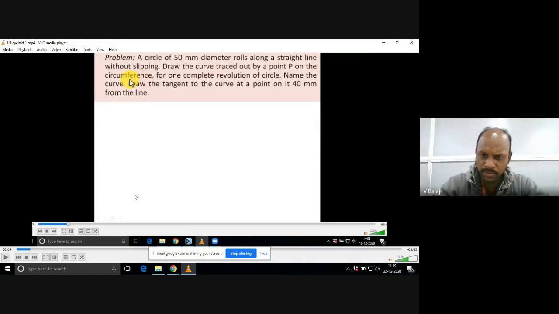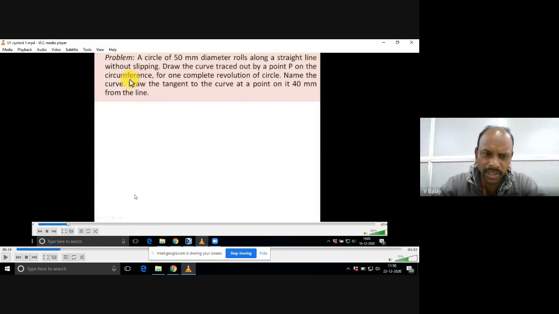Draw the curve traced out by a point P on the circumference for one complete revolution, and draw the normal and tangent to the curve at a distance of 40 mm from the straight line. For any curve, at various points you will have a normal and tangent; you can draw a number of normals and tangents on the curve. So this is the problem.